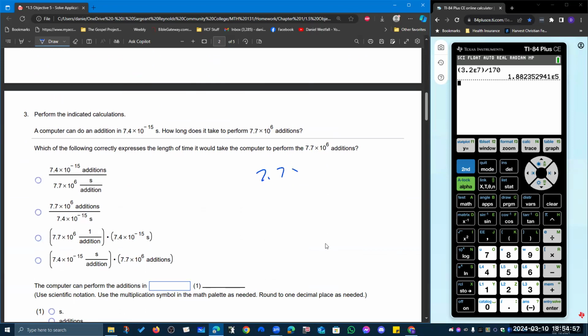So 7.7 times 10 to the 6th divided by 7.4 times 10 to the negative 15th is going to be 7.7 second EE 6 divided by 7.4 second EE negative 15.